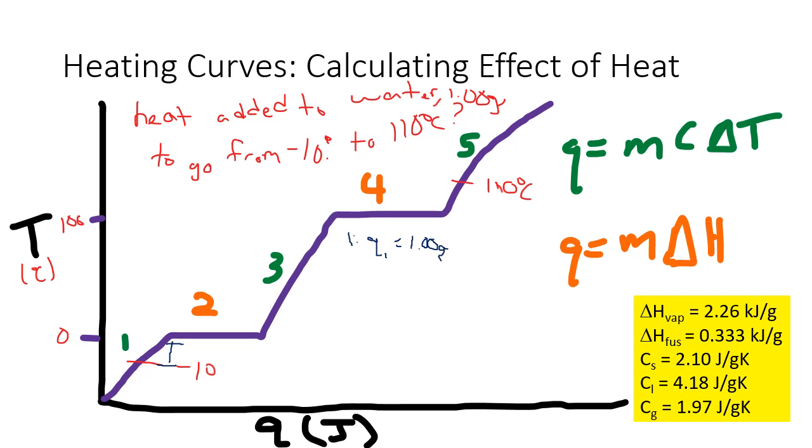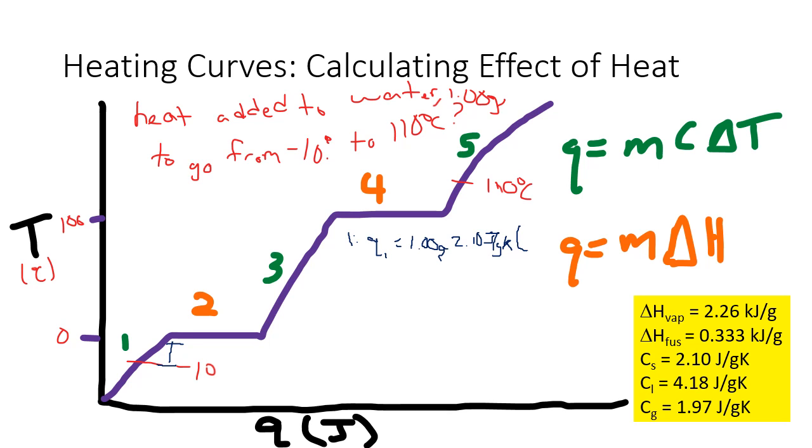Okay, and so we have mass times the heat capacity of the solid, which in this case is 2.10 joules per gram Kelvin. And it doesn't actually matter if we use Celsius or Kelvin here, because we're dealing with a temperature change, which is the same for both.